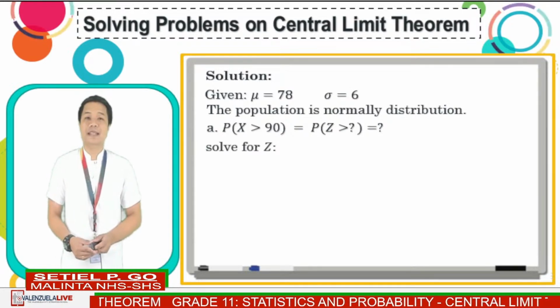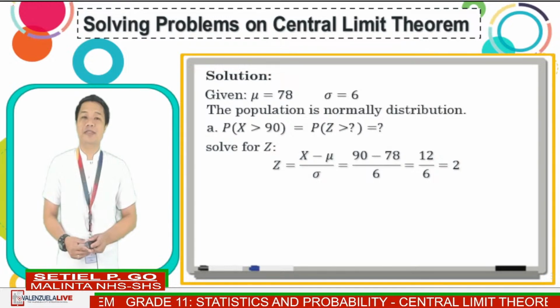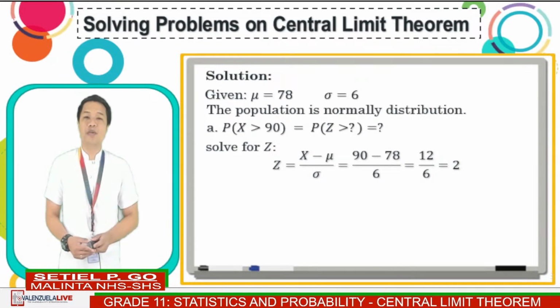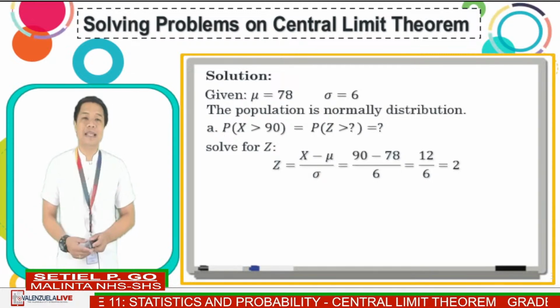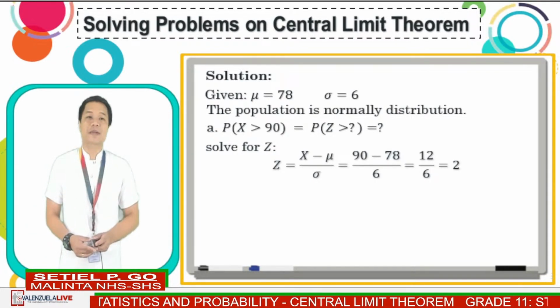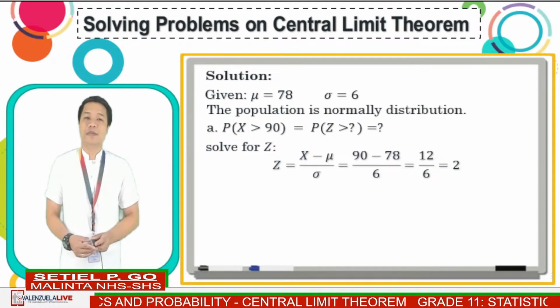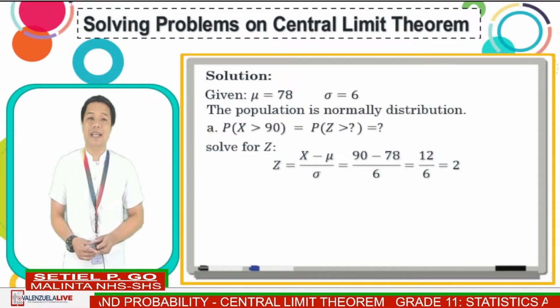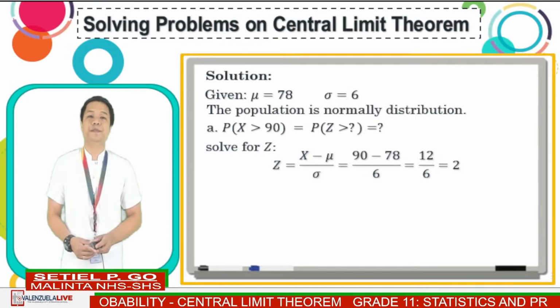Solve for Z using the formula equal to the given score minus the mean over the standard deviation. Since we want higher than 90, we replace x by 90. So 90 minus 78 all over 6. If we simplify, the answer is 12 over 6, which is equal to 2.